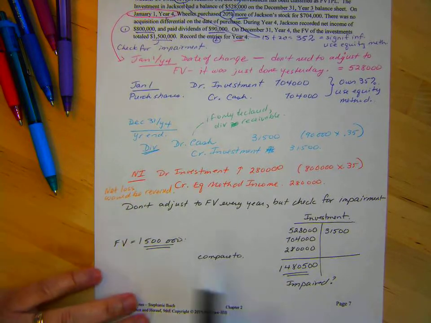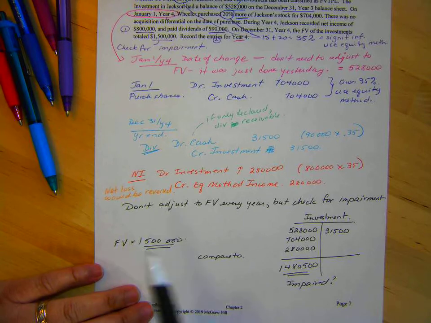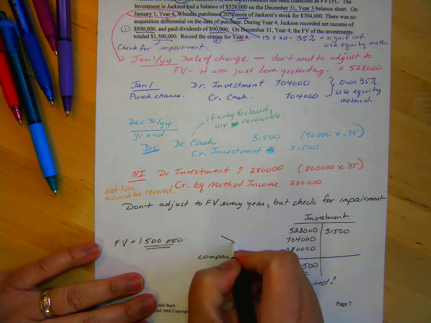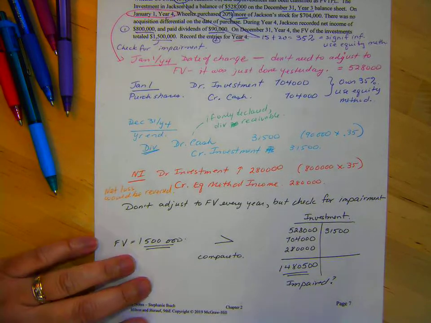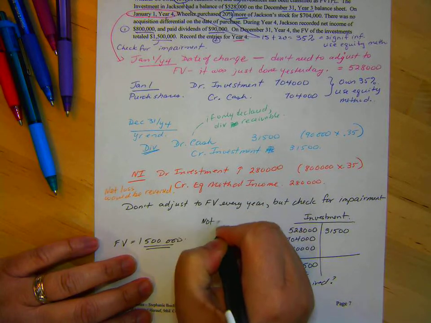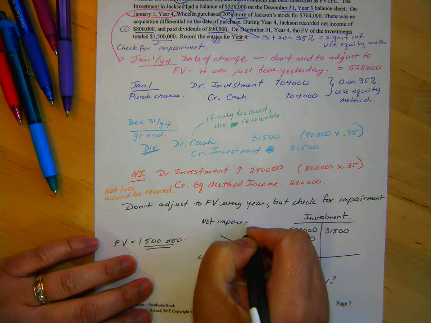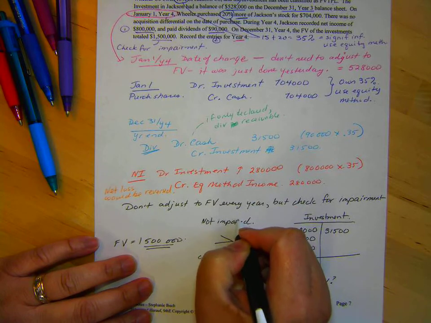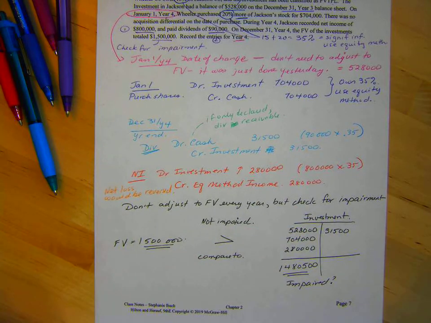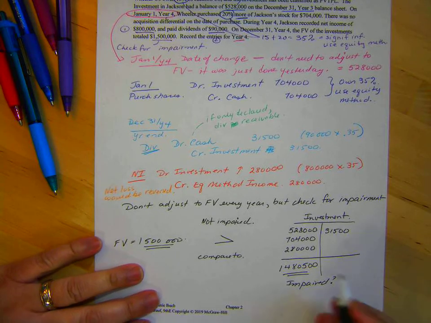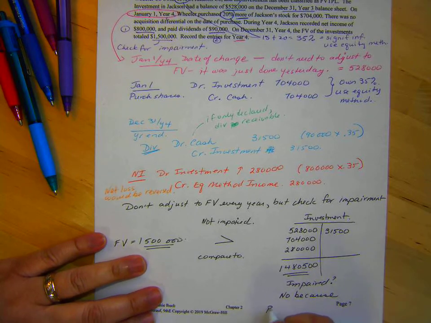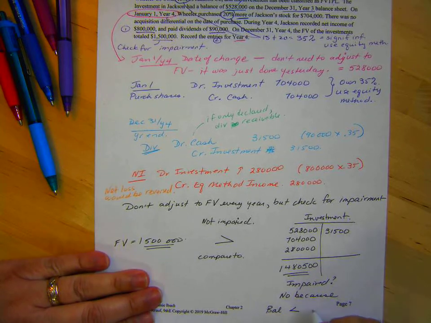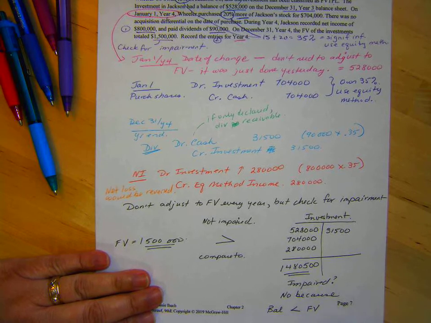But in this case, is it impaired? No. If the balance is smaller than the fair value, it's not impaired. Okay? Because the balance is less than the fair value.